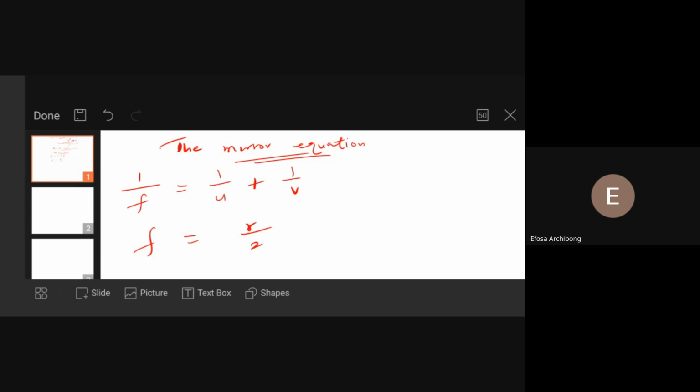So don't forget that. It means that real images are always considered to be at positive distance, and virtual images are considered to be at negative distance. In fact, the real object distance and the real image distance are always positive. But if the distance is that of a virtual image, then it's going to have a negative distance.